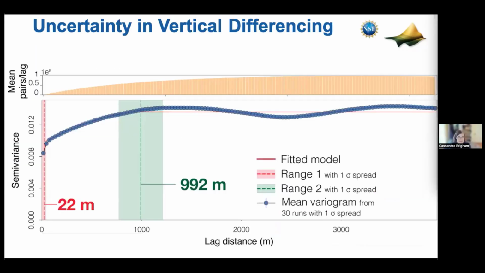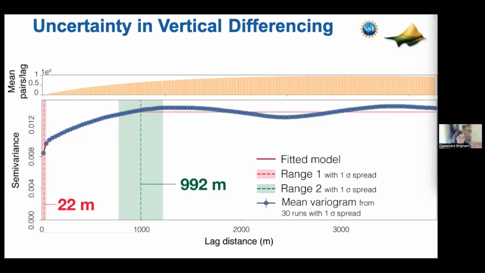So this is an example of the variogram of our location, Indiana. So on the y-axis, we have the semivariance. So again, the kind of proxy for how different two raster values are. And then we have the lag distance, which is the separation distance between those raster cells.